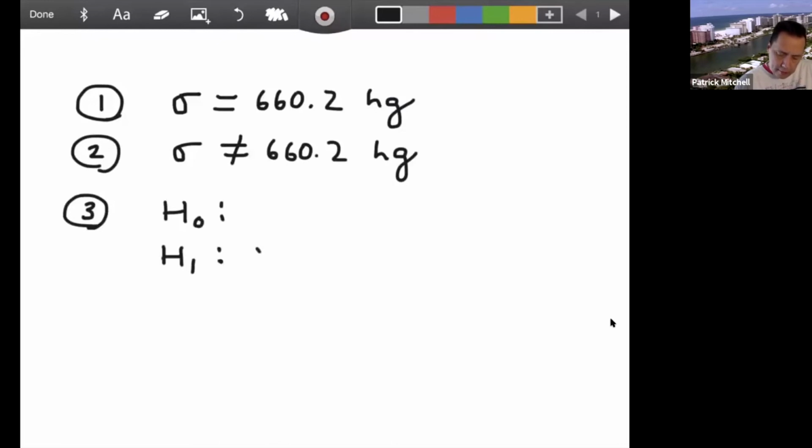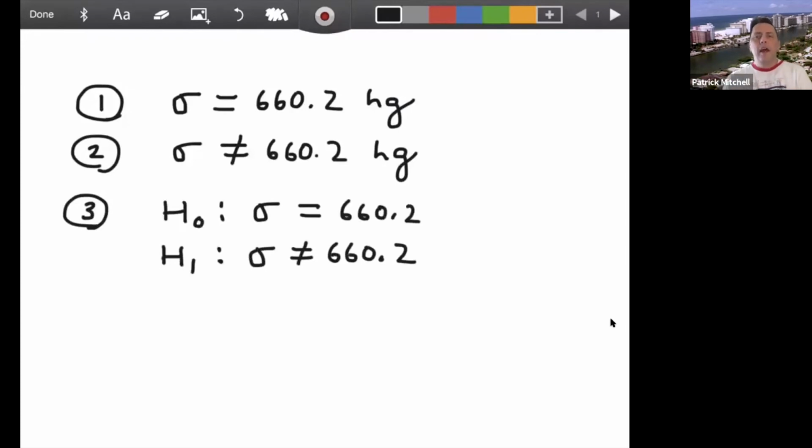So that is sigma does not equal 660.2. And then remember, in your book, the null hypothesis always has an equal sign. All right. So there's our first 3 steps.